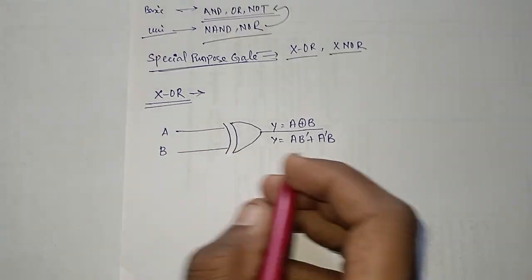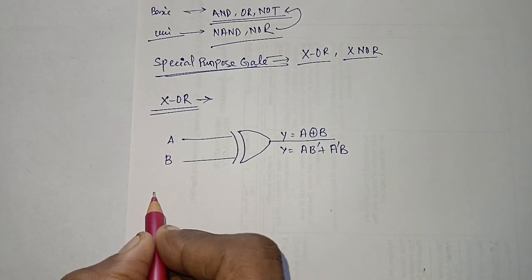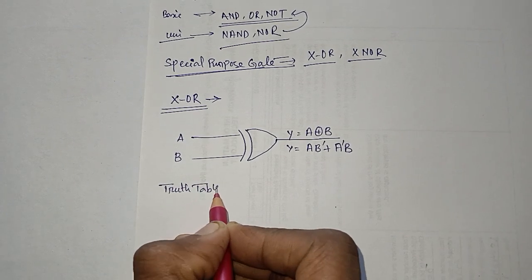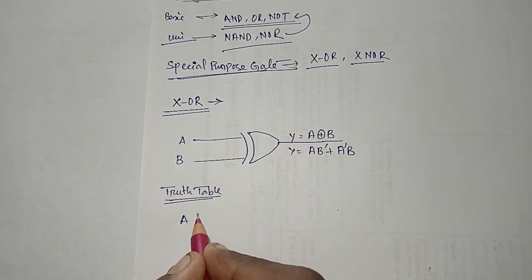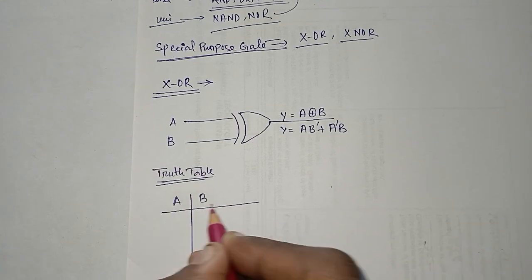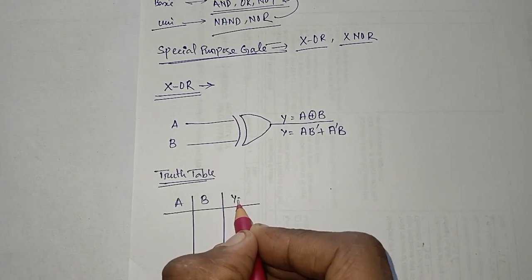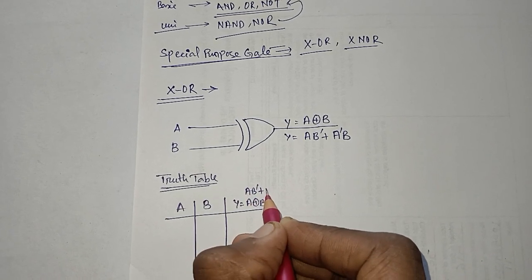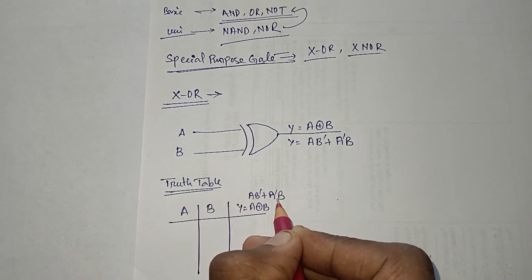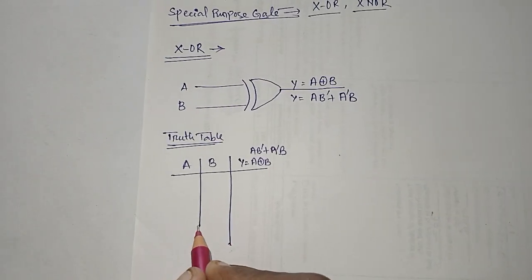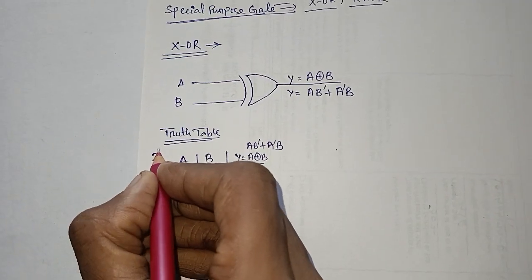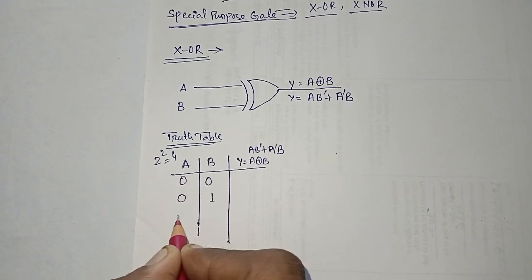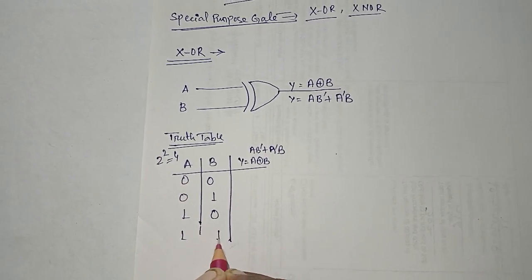Okay, so we can implement the truth table of the gate. For the truth table, if A and B are the input parameters, then Y is equal to A XOR B, or we can say A B bar plus A bar B. For the two input symbols, we have 2 to the power 2, meaning 4 combinations: 0 0, 0 1, 1 0 and 1 1.